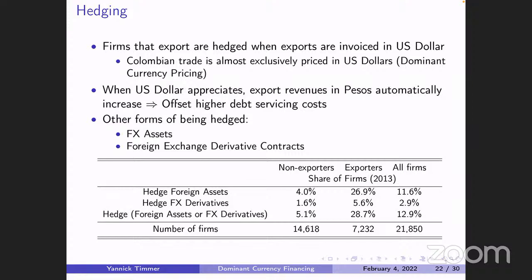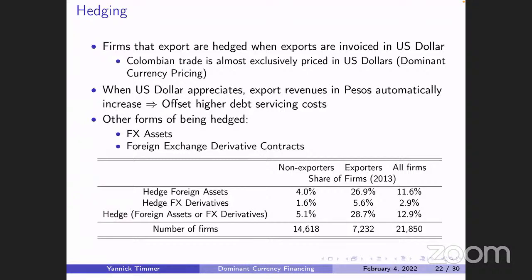So if you look at the number of firms that are using these derivatives or the foreign assets potentially to hedge, you can see that, of course, this is much more prevalent among exporters than it is among non-exporters.